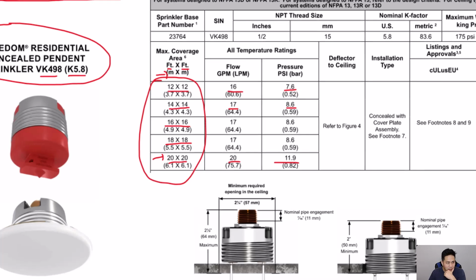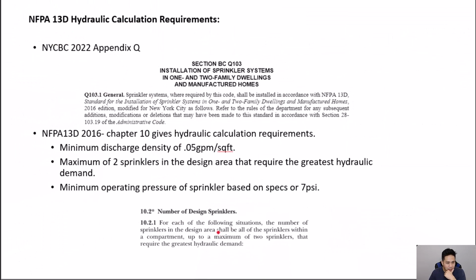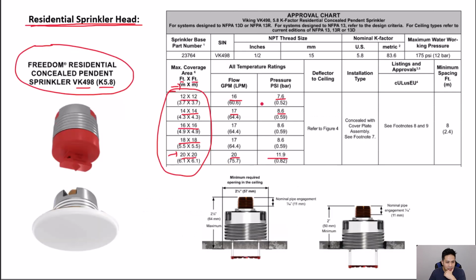So in this slide here, I mentioned that the minimum operating pressure is based on spec or 7 psi. So if the spec states that we need 7.6 psi here for the standard lowest throw, which is 12 feet by 12 feet for a residential sprinkler head, then we would use this as the minimum pressure requirement in our hydraulic calculation.